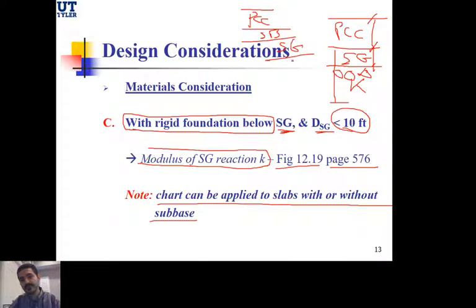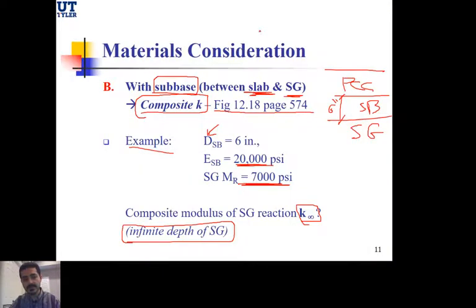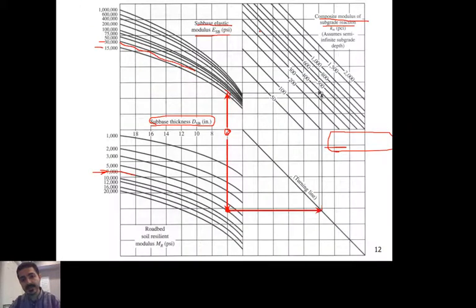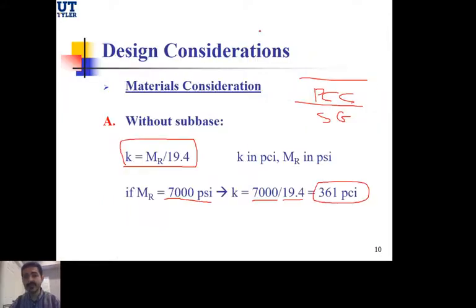If the subgrade is very close to the bedrock, although I have a subbase, it's okay. What I'm gonna do in this case, I'm gonna go through step B first, because now I have a subbase, and then I'm gonna correct that using step C. Or if I only have a PCC and underneath it there is a subgrade, I'm gonna go through step A, then step C.